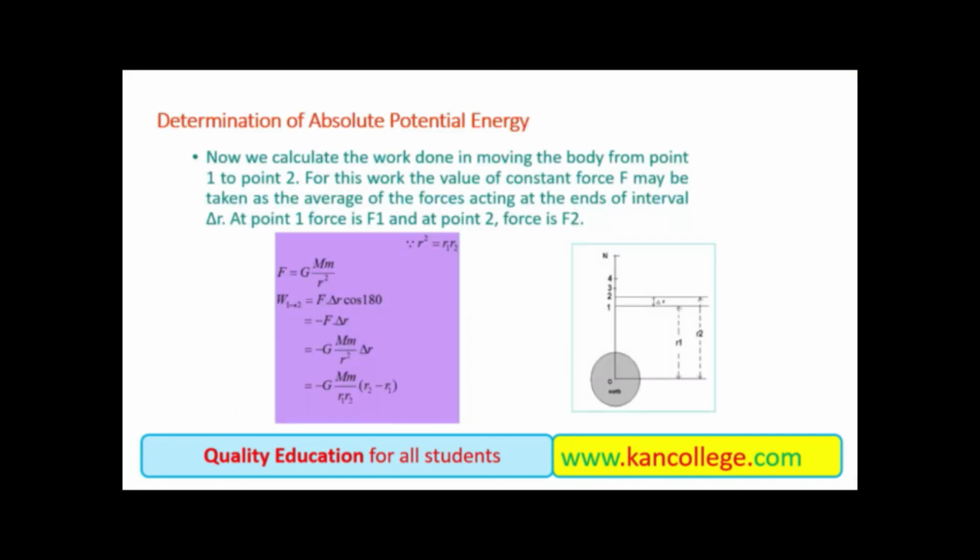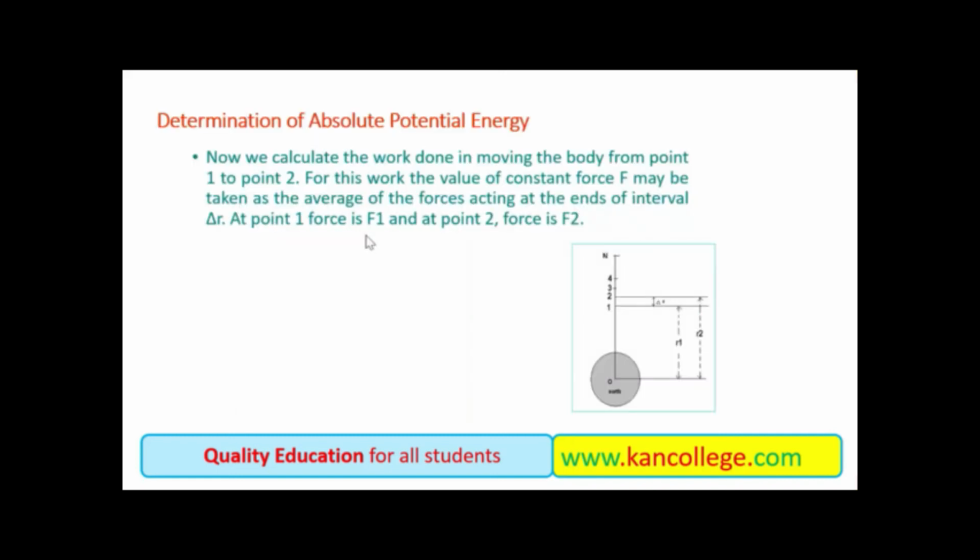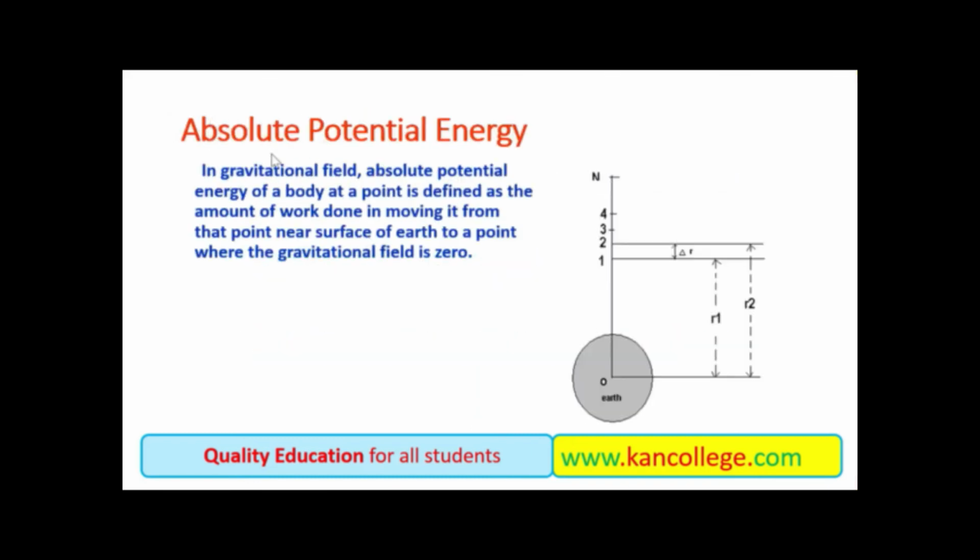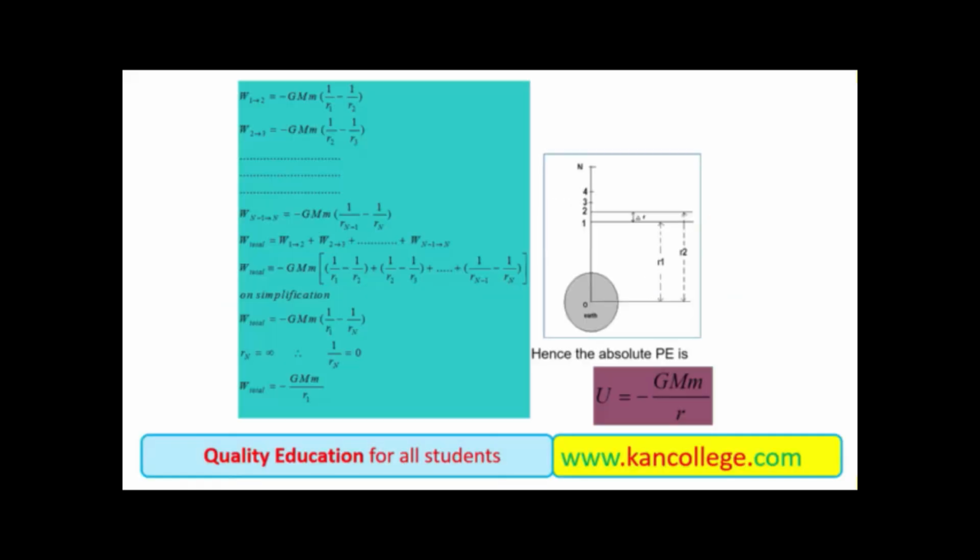As we have already defined, the absolute potential energy of a body at any point is the amount of work done in moving it from that point to the point where the gravitational field becomes zero. So we have derived the formula, which is known as absolute gravitational potential energy.